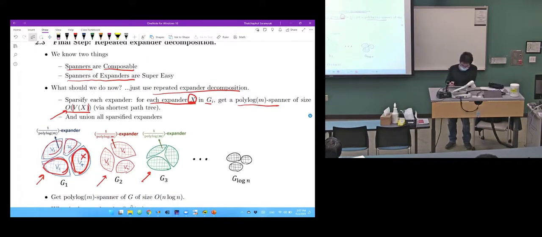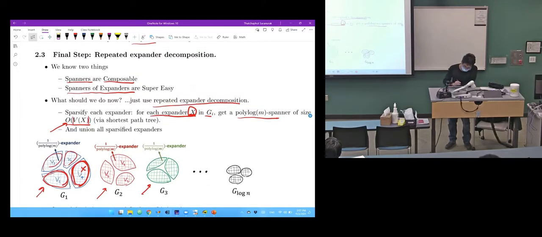So in particular, if you look at all the sparsified expanders in one of the G_i, the total size is going to be O(n), right? It's going to be a polylog spanner of size O(n) for G_i.